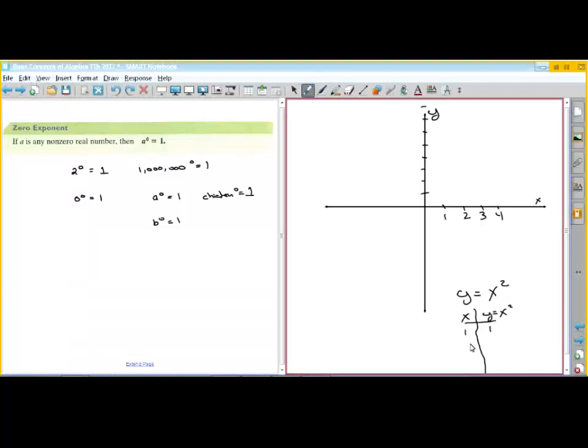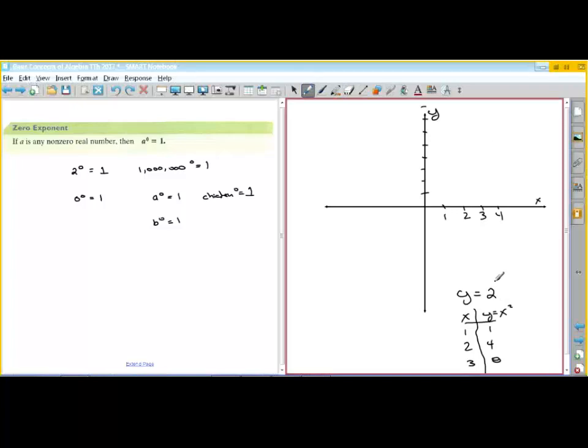If x is 1, then 1 squared is 1. If x is 2, you have 4. If x is 3, you have 8. Actually, am I doing something wrong here?